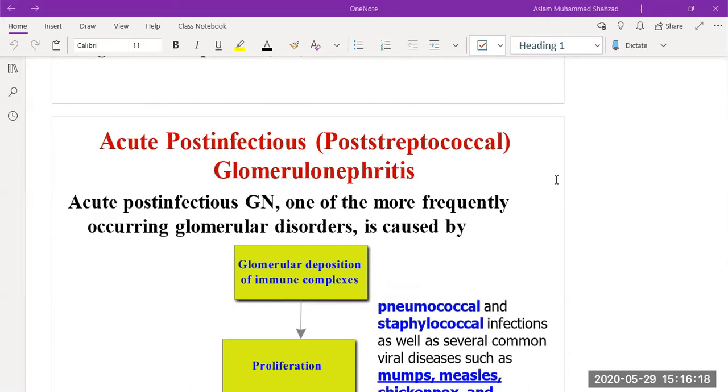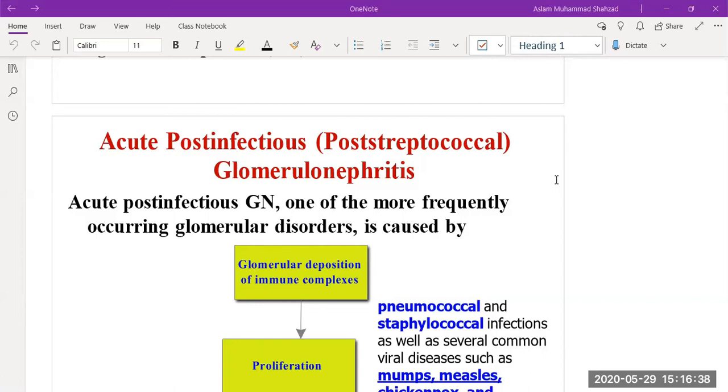It is very interesting that the name of this disease is so long, four words. Acute post-infectious post-streptococcal glomerulonephritis. Sarcastically, even having to memorize the name of the disease is a tough task for you.